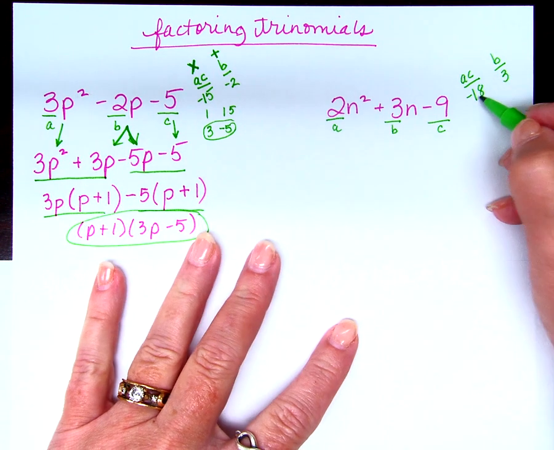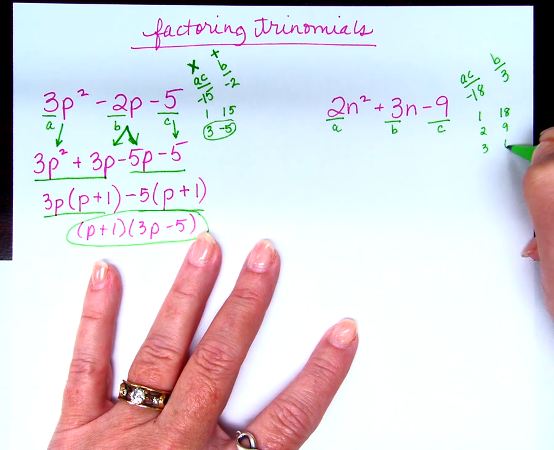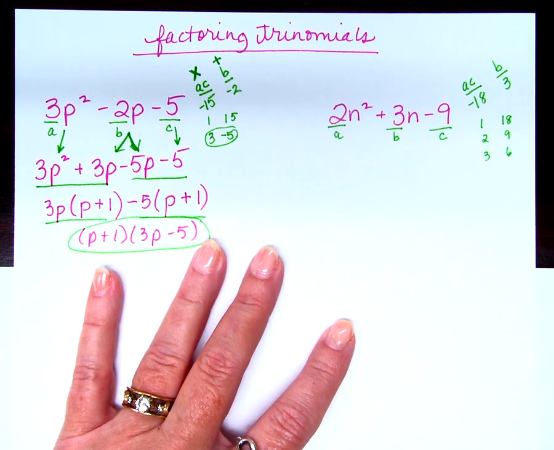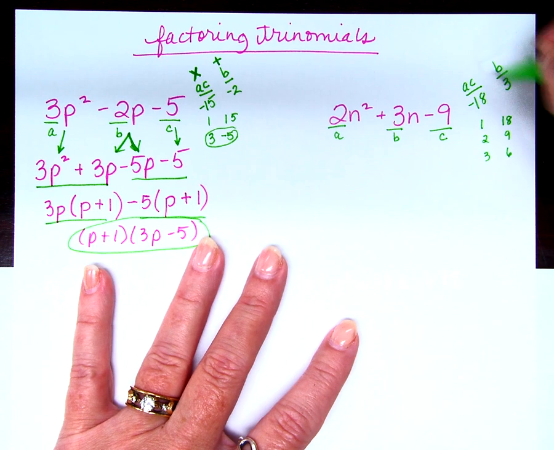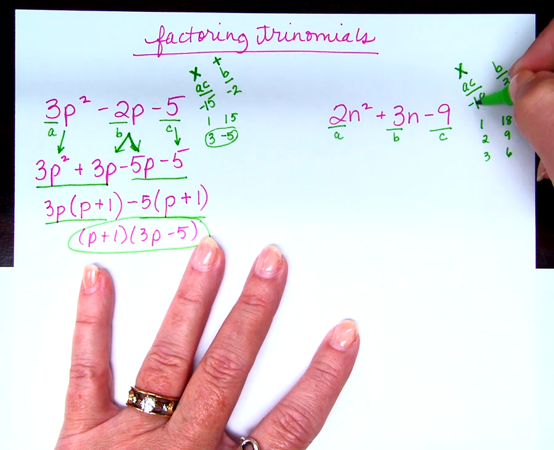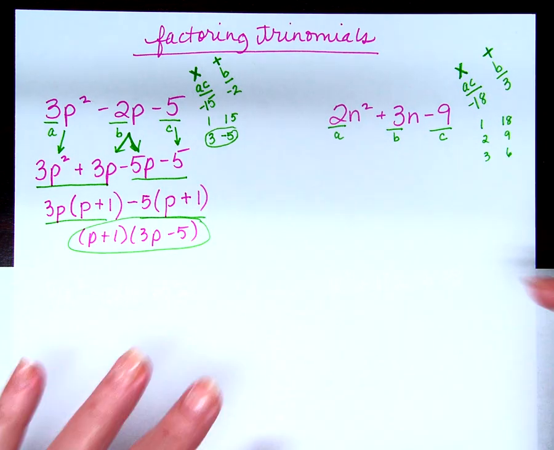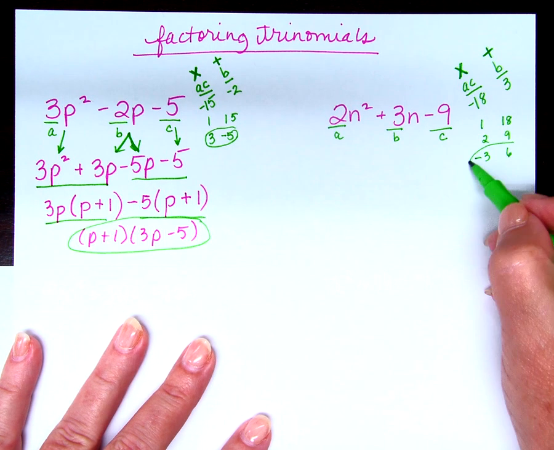So numbers that multiply to be 18: 1 and 18, 2 and 9, 3 and 6, right? So what combination of these partners will multiply to be negative 18 and add to be a positive 3? Negative 3 and 6. Is everybody okay with that?